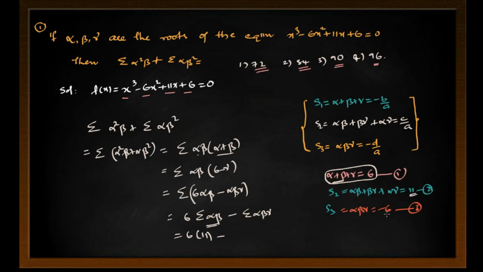Alpha beta gamma is minus 6, but summation is there. Summation means we have to write 3 terms. So minus 3 times the value of alpha beta gamma, which is also minus 6. So 6 elevens are 66 minus 3 sixes are 18, that is 66 plus 18, and this is 84. So is there any option 84? Yes. So the second option is right.